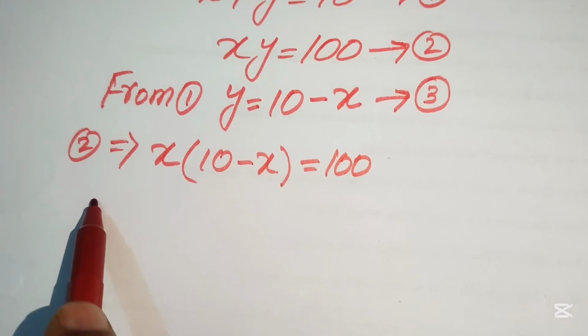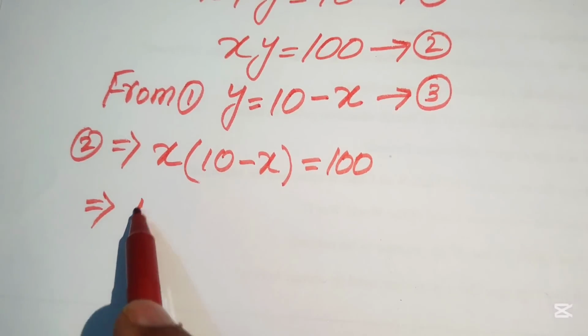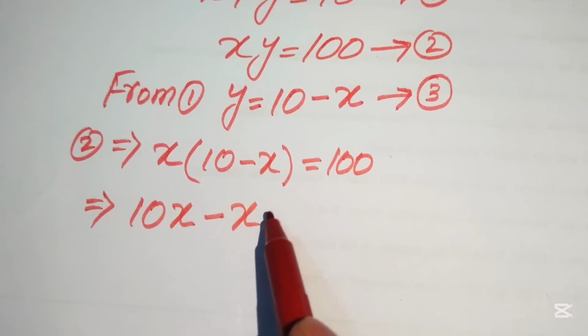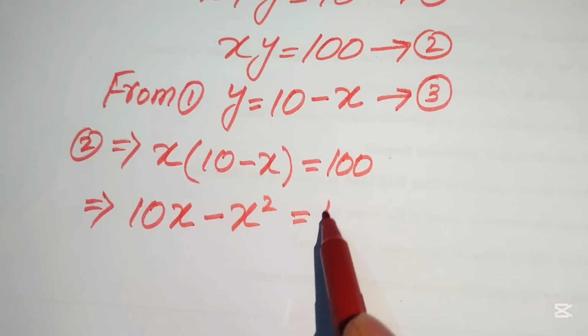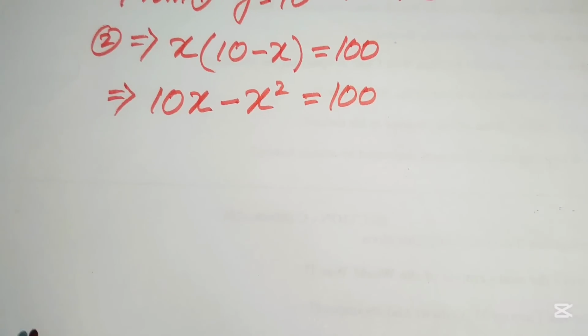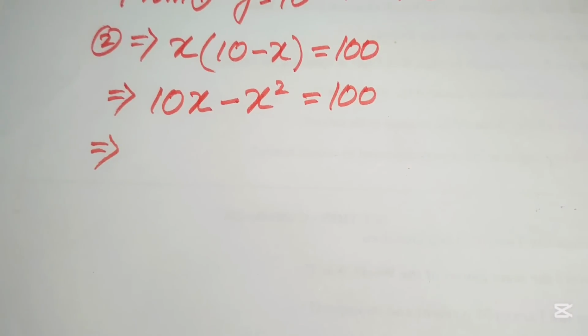Here we need more simplification, and it will be written as 10 times x minus x times x, which becomes x square, equals 100. After this step you see that this is a quadratic equation but not in the standard form.